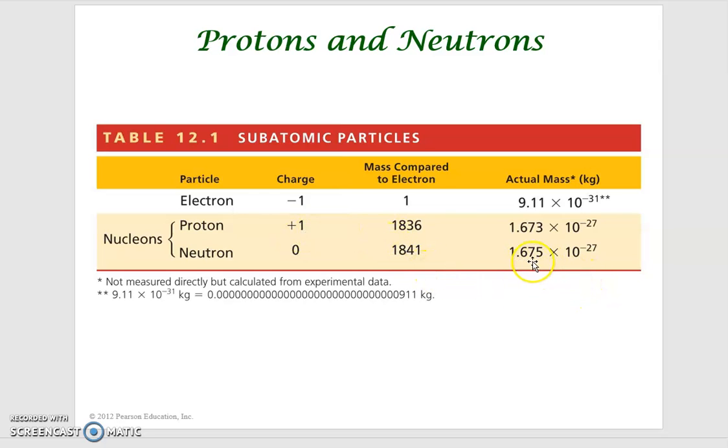So the actual mass of the proton and neutron is very similar. And the other reason why the nucleus is made of protons and neutrons is that neutrons don't have charge, so they will not interact electrically with the protons. So they can make the atom stable. This slide basically summarizes what we have learned so far.